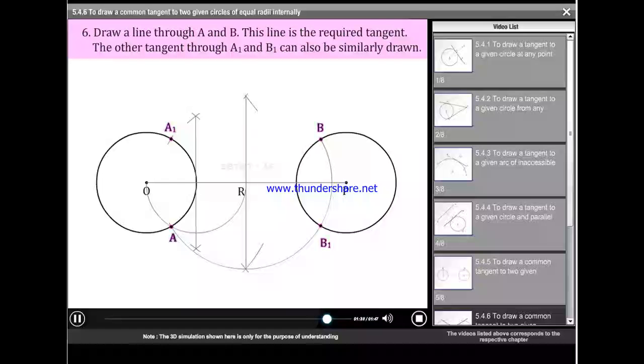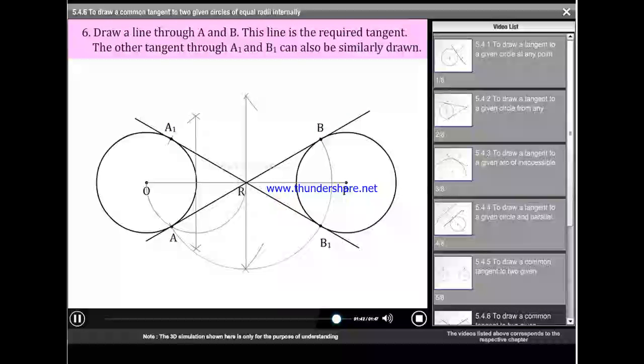The other tangent through A1 and B1 can also be drawn similarly.